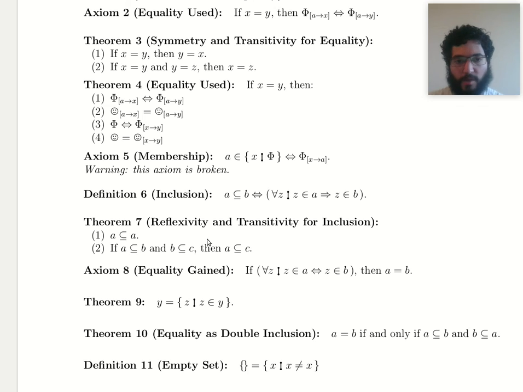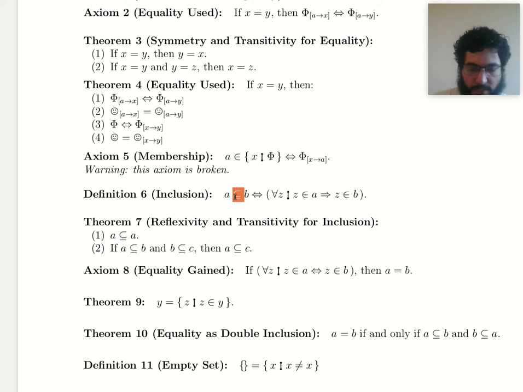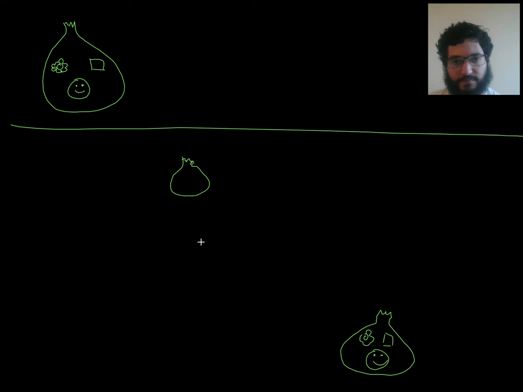This idea came up very early on, right after we defined the idea of a subset. Right in theorem 7, part 1, this idea that the inclusion relation, this subset relation, is reflexive, meaning things do it with themselves. So everything is a subset of itself. So this original bag, a copy of the bag, is a subset of itself.